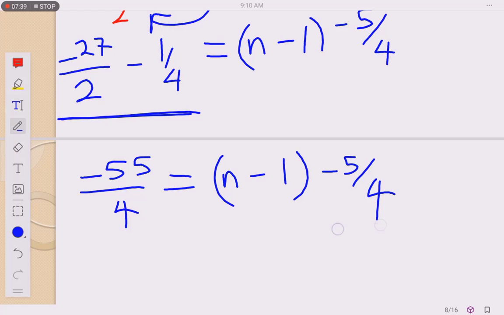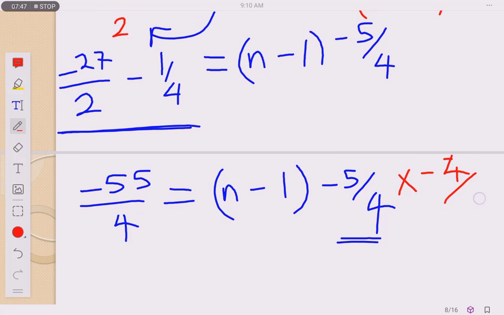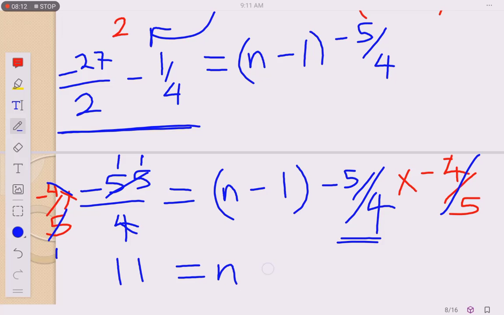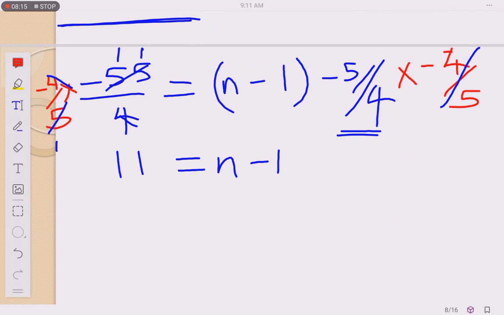I want to remove this part, so I'll multiply by -4/5, and this side I'll also multiply by -4/5, such that on the right side they cancel off each other, and on this side, 5 into 55 over 4 gives 11. So 11 is equal to n - 1.